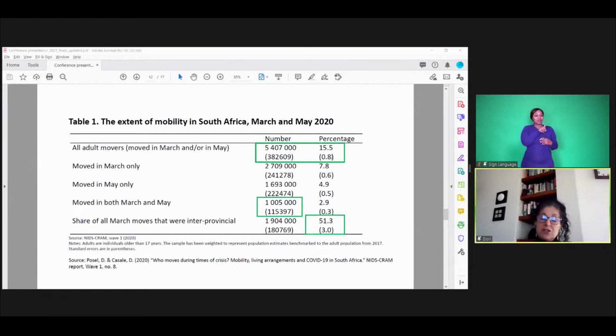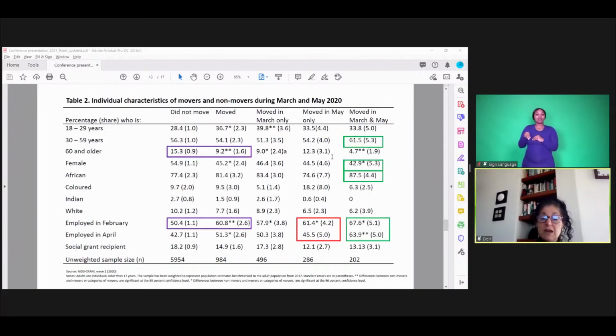If we look at the individual characteristics of movers and non-movers, you can see that movers were significantly less likely to be of pension age, more likely to be of working age. And they were significantly more likely than non-movers to have been employed before the lockdown.